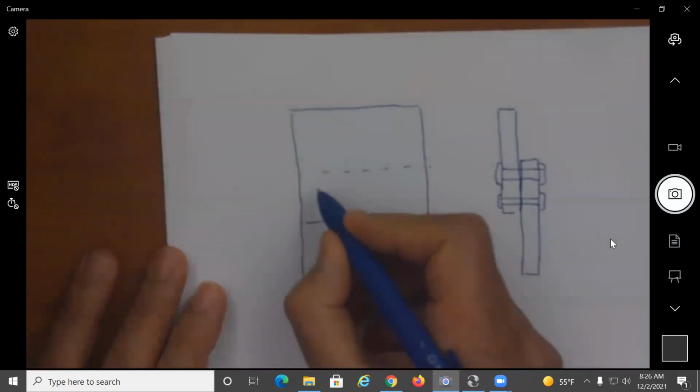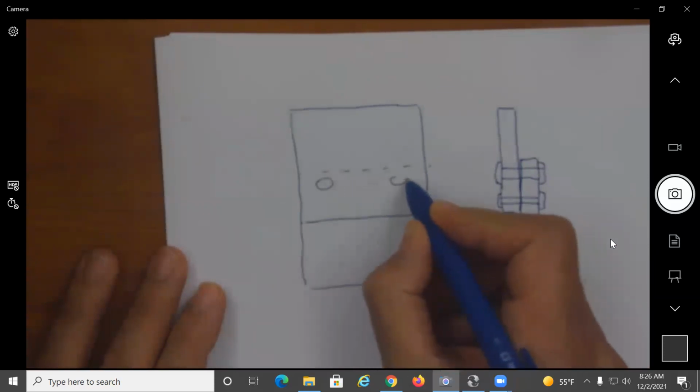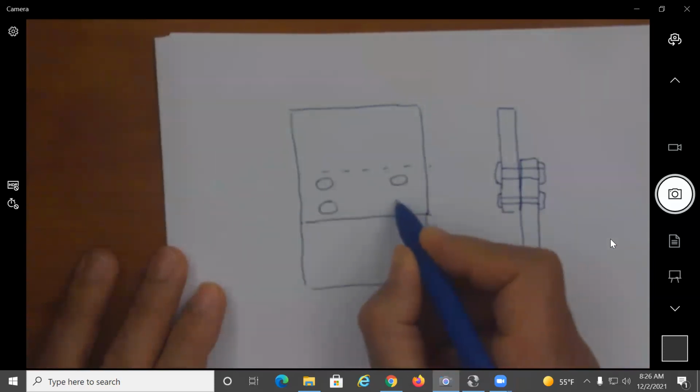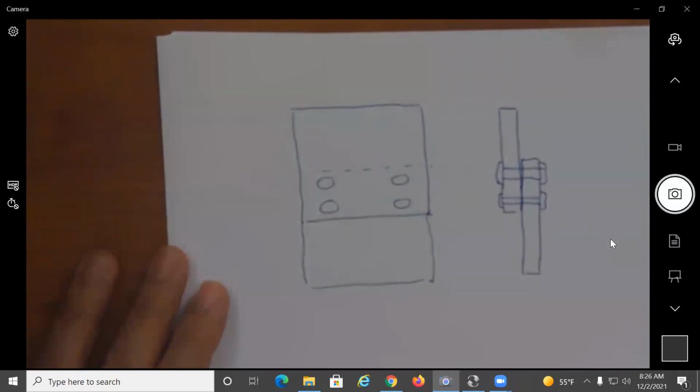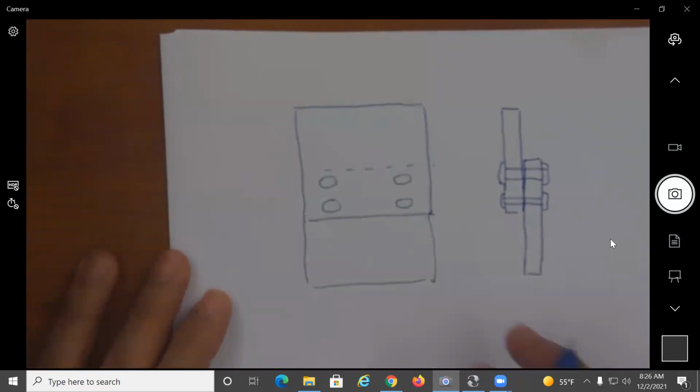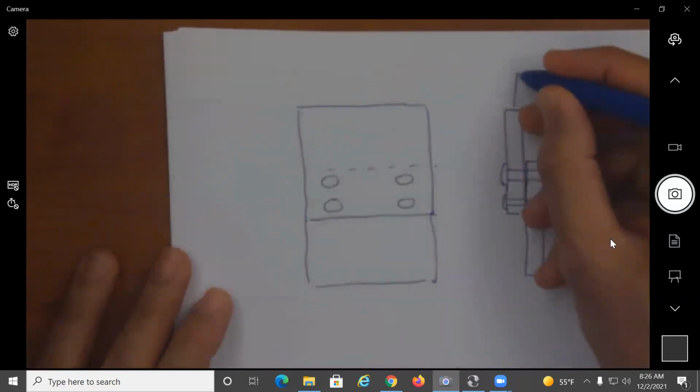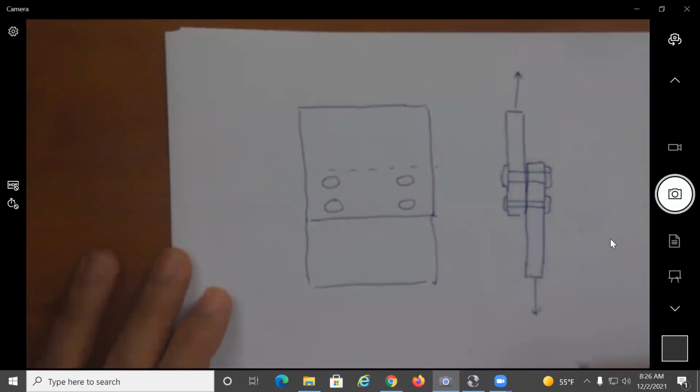And I would see the array of the fasteners like this. So if these two plates are subject to a force like this, when they are spliced, we're trying to shear through the bolts.